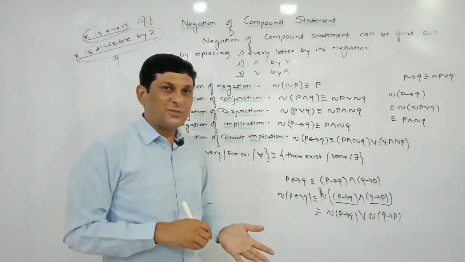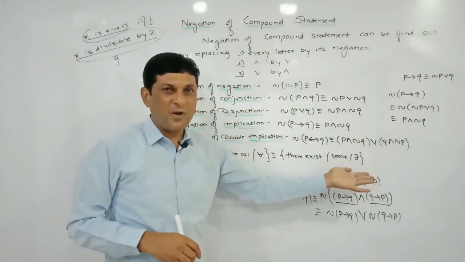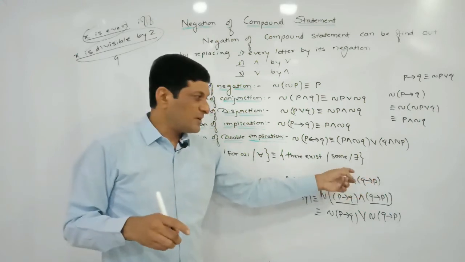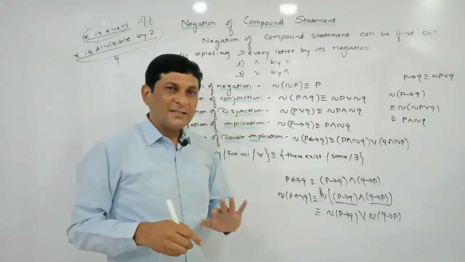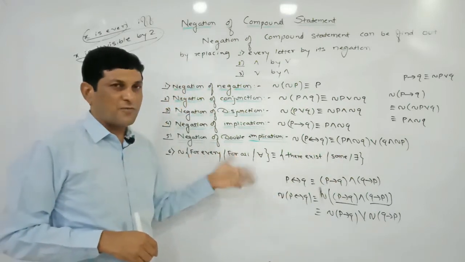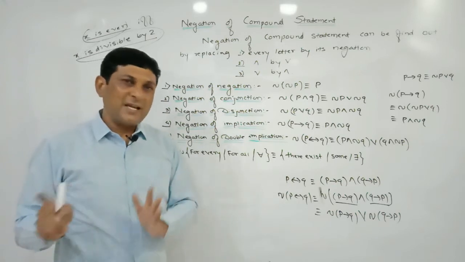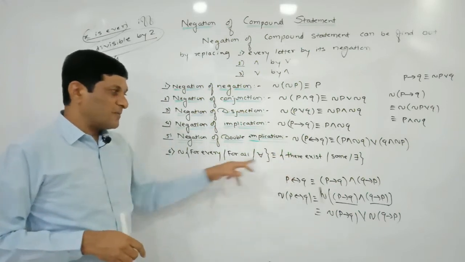The same method is used if the statement starts with some or there exists; to find its negation we use for every or for all. So using all these rules we have to solve the example. Let us consider here one example.